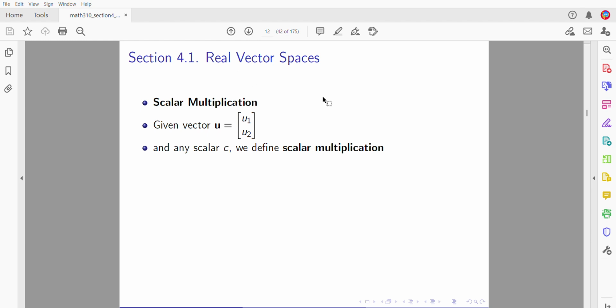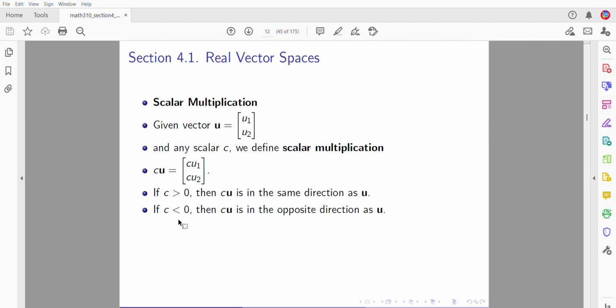We define scalar multiplication as just take the vector, multiply it by c. In other words, you are multiplying every component by c. If c is greater than 0, that is, if c is positive, then cu is in the same direction as u. If c is negative, then cu is in the opposite direction as u.